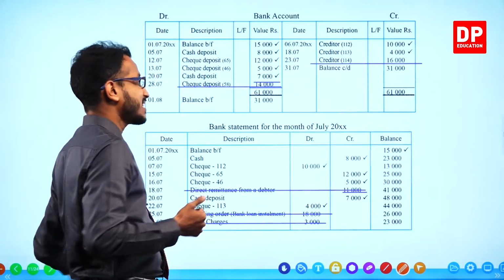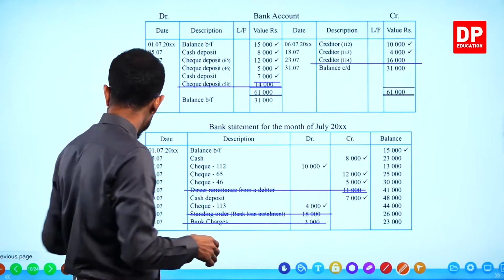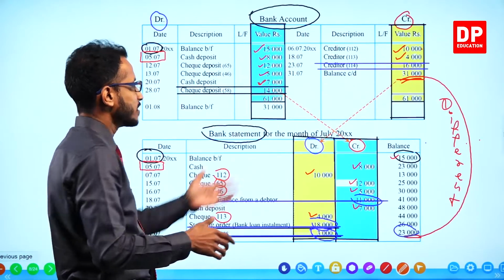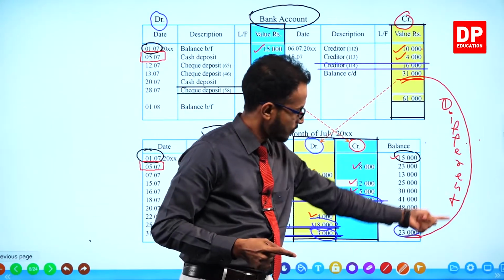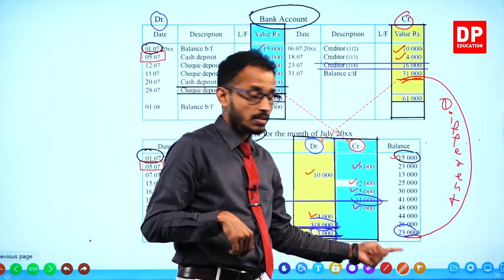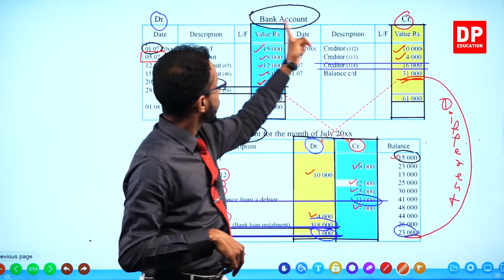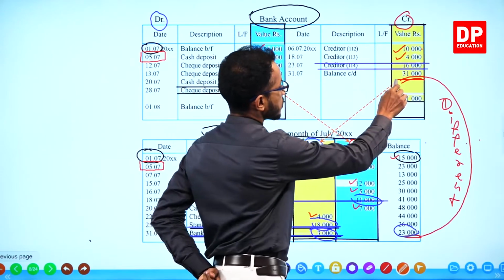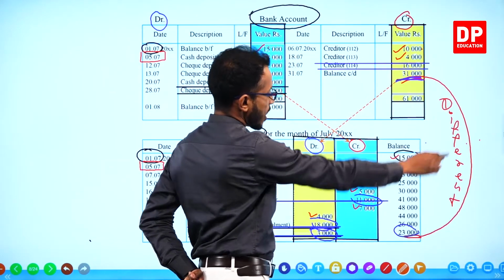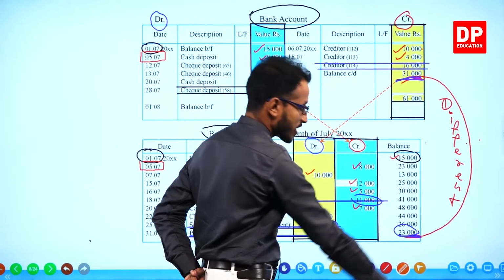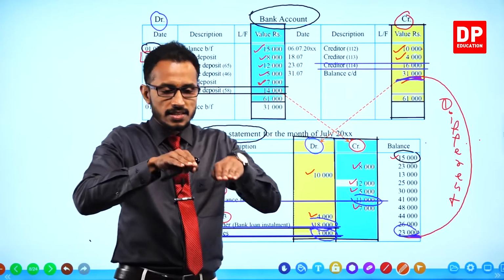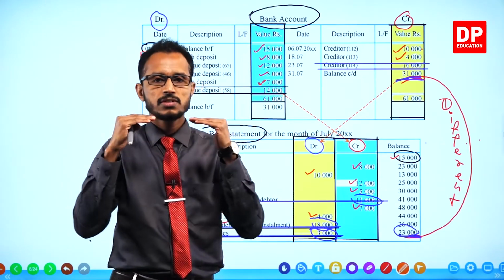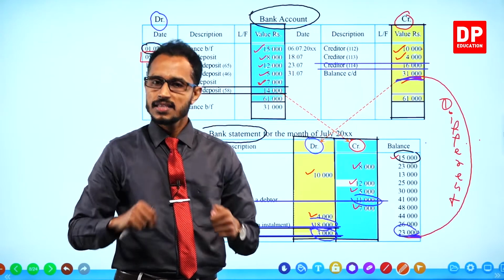Well, if you are still wondering what the issue is, this is the problem. The final balance of our bank account and the final balance of the bank statement do not tally. They are not the same.